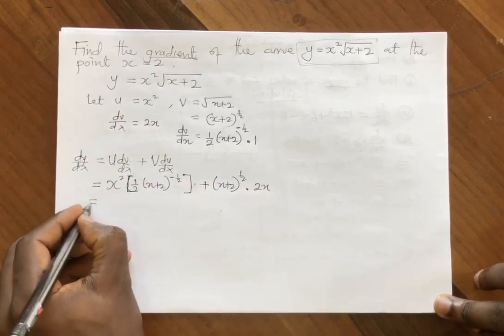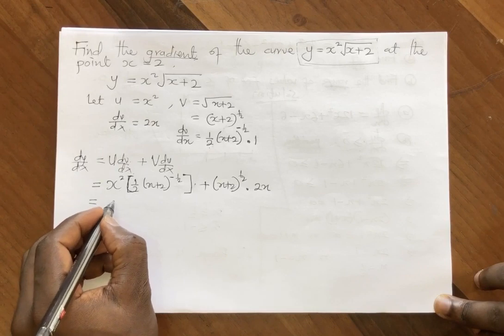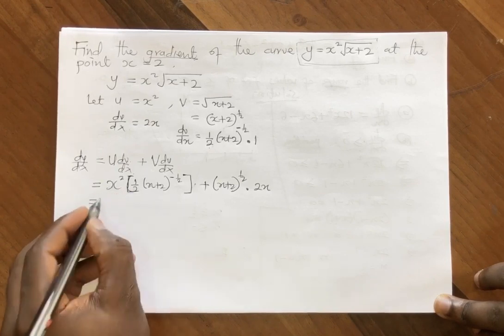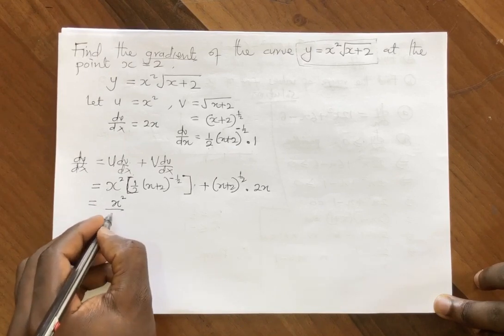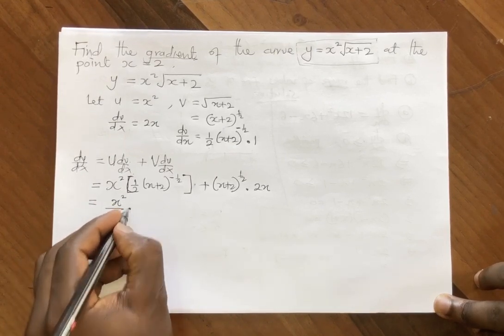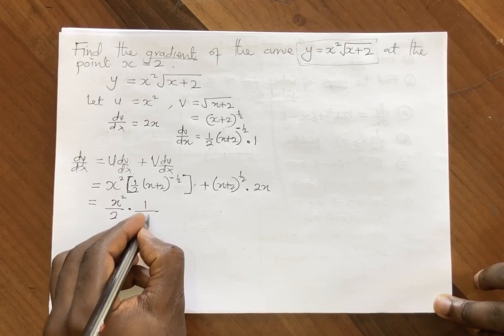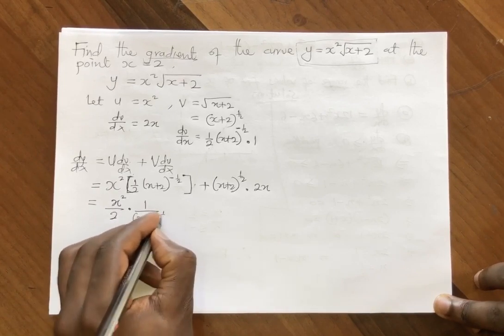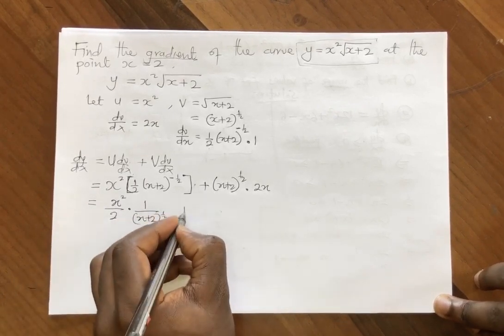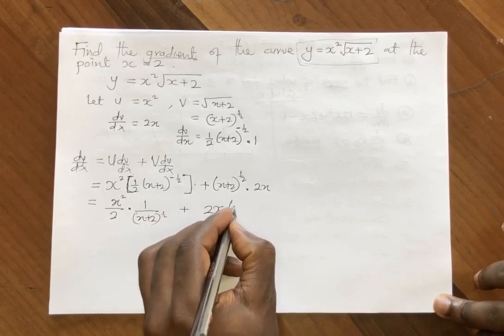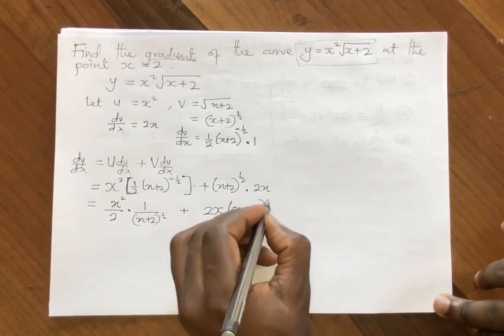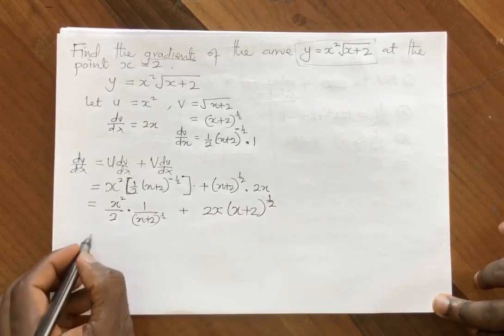So let's clean it up a little bit. We have this times that, which will give you x squared over 2, then times 1 over x plus 2 all raised to the power half. Then plus you have 2x, x plus 2 raised to the power half.